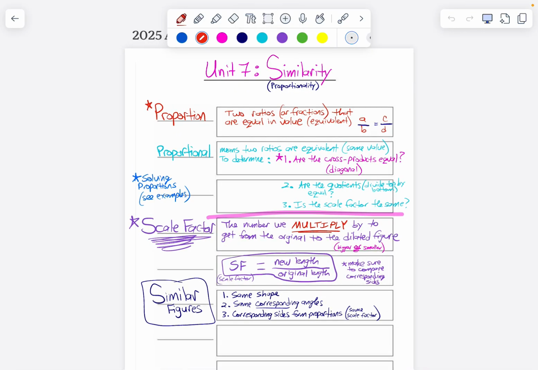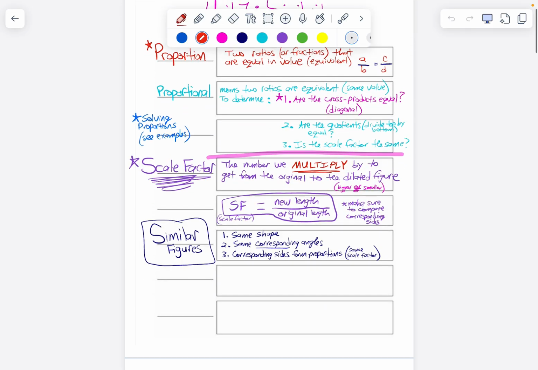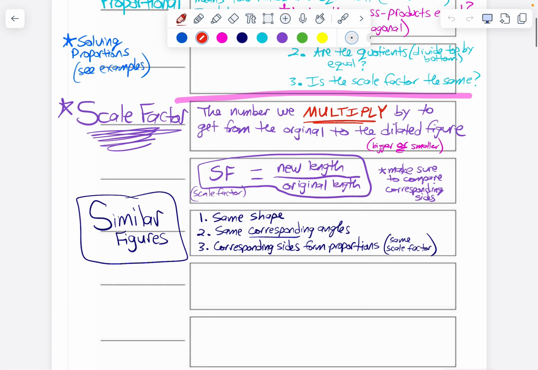We've been in it for a few days. It's on similarity, which is another word for proportionality, but we add a few geometric concepts in there. So similar, we have the idea of proportions in any lengths, but we also have to talk about same shape and that corresponding angles are congruent, so the same.